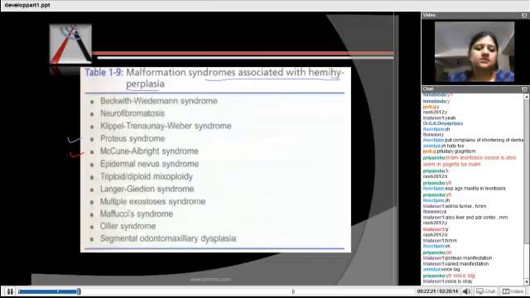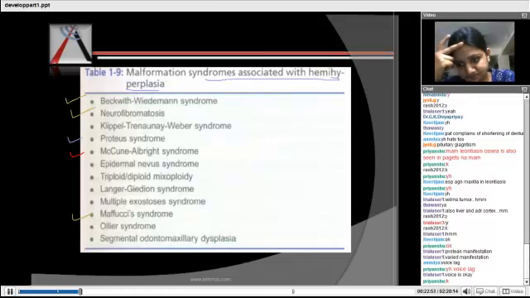Okay, so let's go back, giving you the important names: McCune-Albright, Proteus, Beckwith-Wiedemann, neurofibromatosis, Maffucci syndrome. I have somewhere come across Maffucci syndrome, so I just wanted you to get familiar. So these are syndromes associated with hemihyperplasia. If you can just make a quick note of these in your keynotes, please.